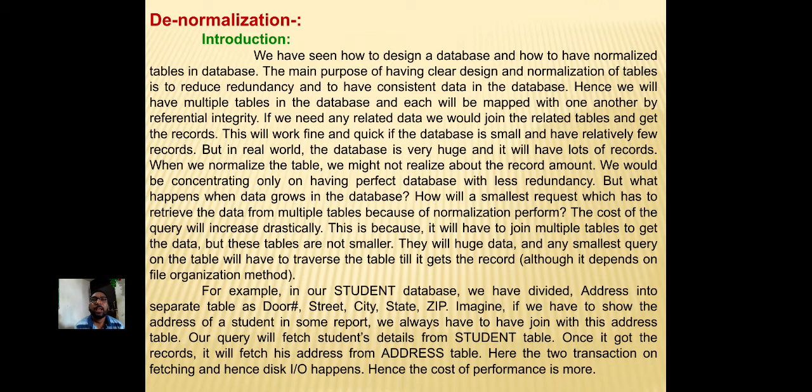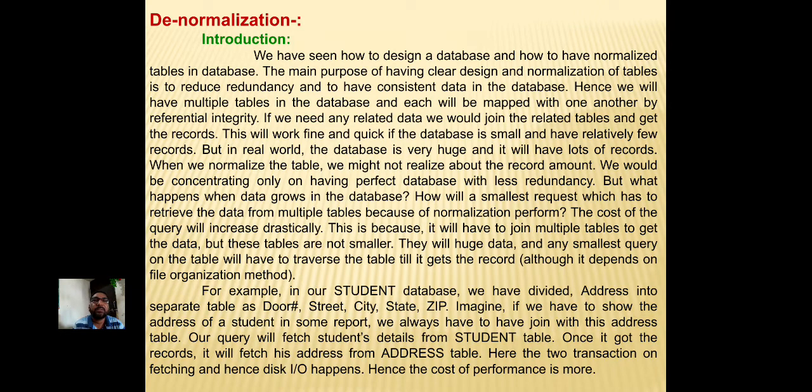But what happens when data grows in the database? How will even the smallest request, which has to retrieve data from multiple tables, perform? The cost of the query will increase drastically. This is because it will have to join multiple tables to get the data.